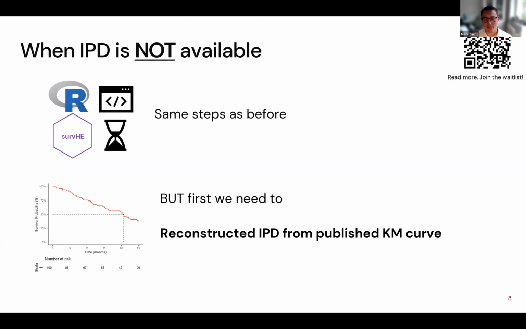When IPD is not available, it's even more cumbersome because you need to do the same as mentioned before, but you also need to reconstruct the IPD from the published Kaplan-Meier curve.